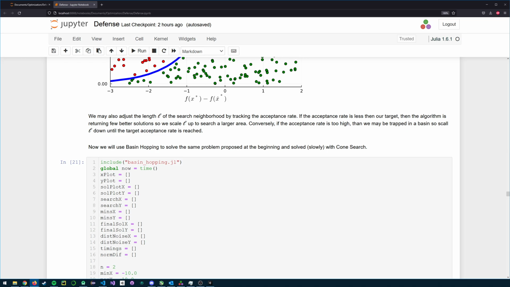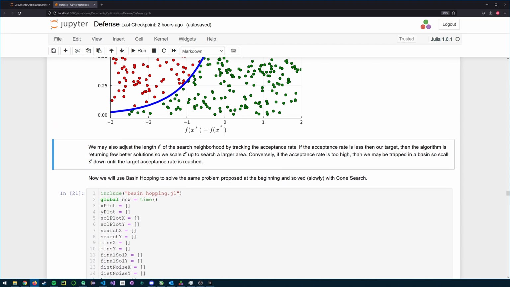Interestingly, the search length L, which I've mentioned, is not going to be static. We're going to scale that dynamically. We do that by tracking the rate of acceptance, the rate at which we accept any new solution as the next best solution.